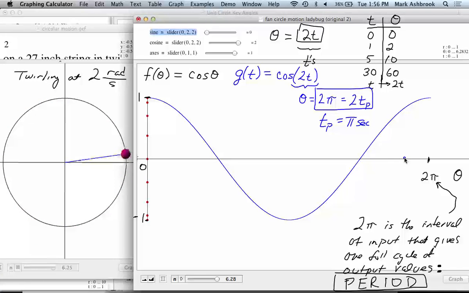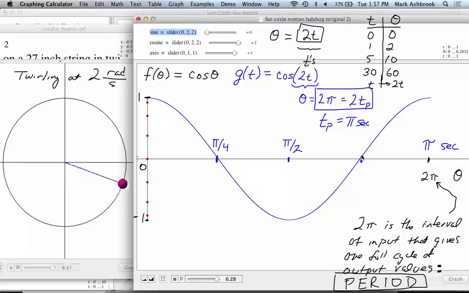So now if I were to do the same graph as the g function, then this scale would be different. Here, now at the full cycle, how many seconds would we be? It'd be pi seconds, right? And how many seconds would it take to do half a cycle? Pi over 2. 1/4 of a cycle would be pi over 4.